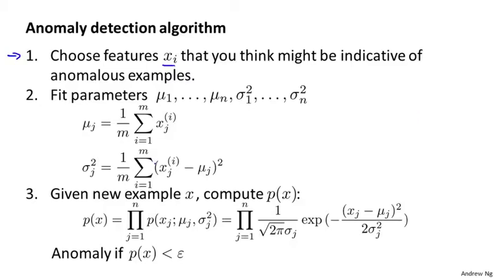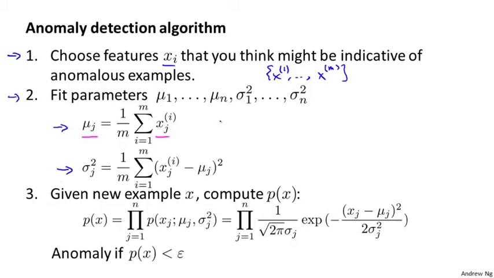Next, given a training set of m unlabeled examples, x1 through xm, we then fit the parameters mu1 through mu n and sigma squared 1 through sigma squared n. These are formulas similar to the formulas we had in the previous video that we're going to use to estimate each of these parameters. And just to give some interpretation, mu j is my average value of the j-th feature.